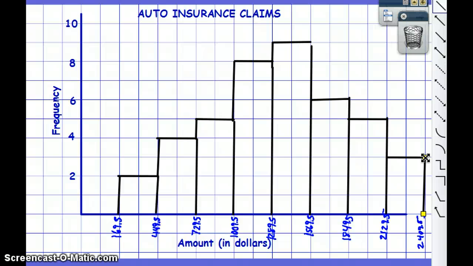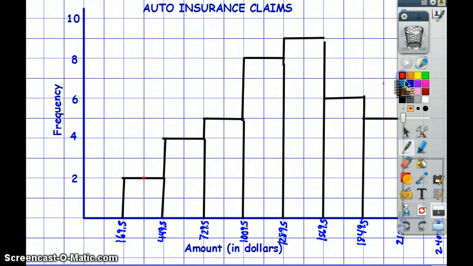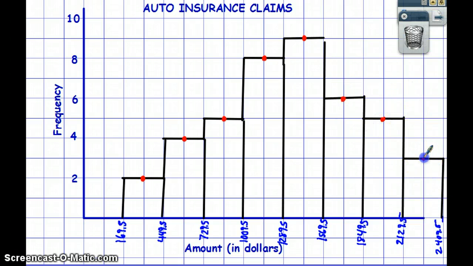The last part that we're asked to do is to draw the frequency polygon. So just like we did in the first example, I am going to put a point in the middle of each of these bars, at the midpoint. This time I'm not going to label the midpoint just because I don't really have the room for it.